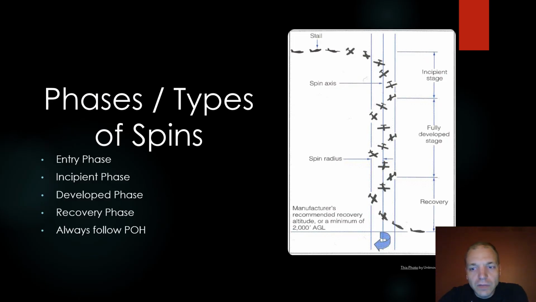So I want to talk about the 4 phases of the spin. There's the entry phase of the spin, where all the things that are necessary for the spin to occur take place. If the stall was intentionally demonstrated, you would put the aircraft basically in the power off stall, while full rudder pedal all the way to the stop is applied in the direction that you want the aircraft to spin.